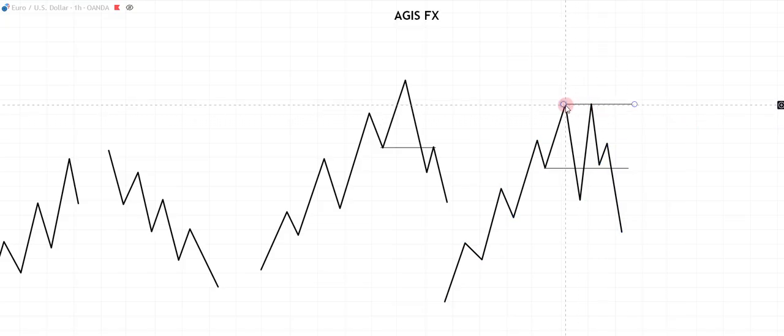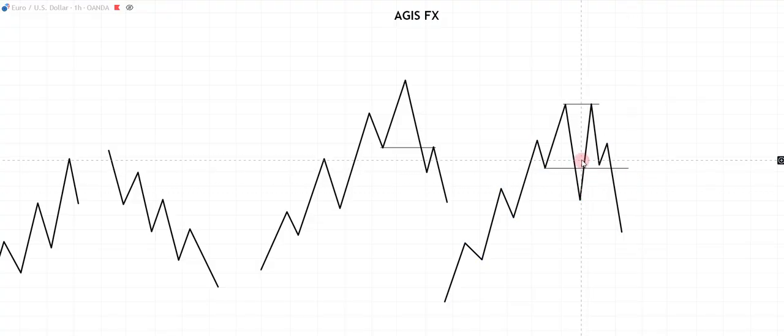Some people can also say this is a type of double top, but I don't see it as a double top. The only thing I see it as is a resistance. You need to understand that. So one more time, this was the higher low, higher high, price broke the higher low, making it, from support, turn to resistance.